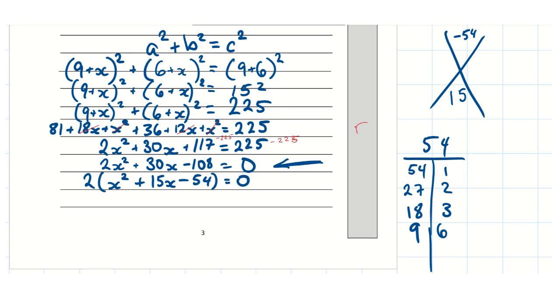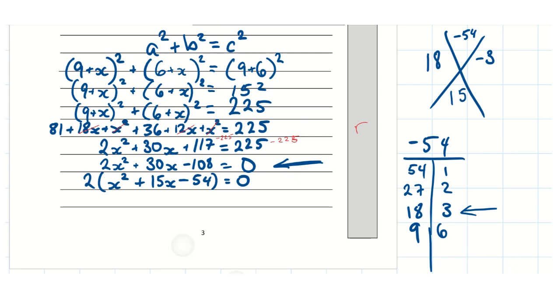We want to find something that multiplies up to negative 54 and adds to 15. Well, that's going to be these two values right here, right? If I had 18 and negative 3, I would be able to multiply those two together to get negative 54, and I'd be able to add them together to get 15.